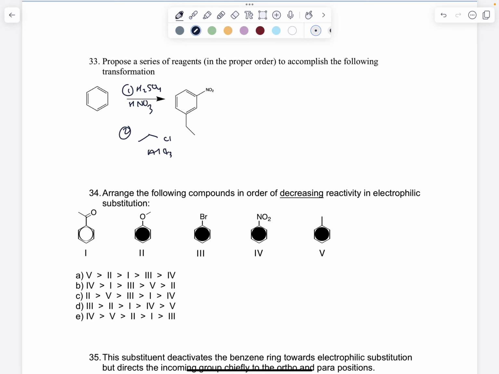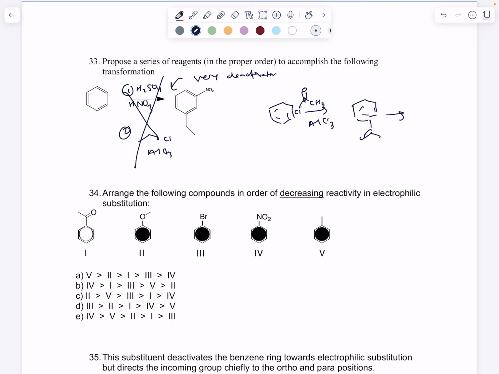So adding a primary group in a Friedel-Crafts alkylation is hard, but also this is very deactivating. So I don't recommend you go that route. And instead, I would go the route of adding an acyl group where there's two carbons, one here and one here with AlCl3. So Friedel-Crafts acylation, gets you this acyl group.